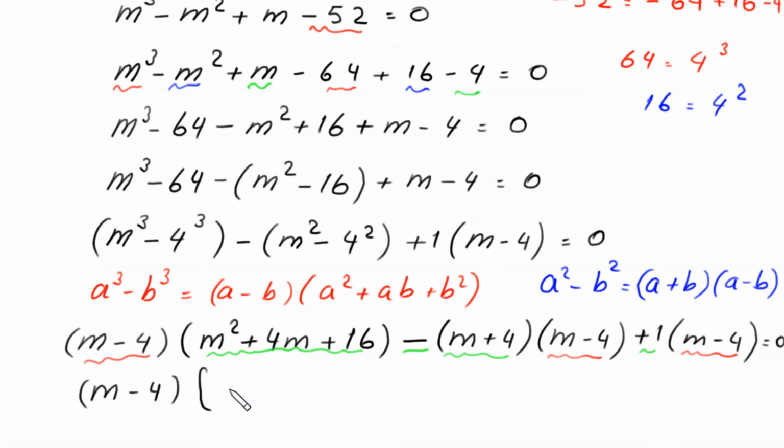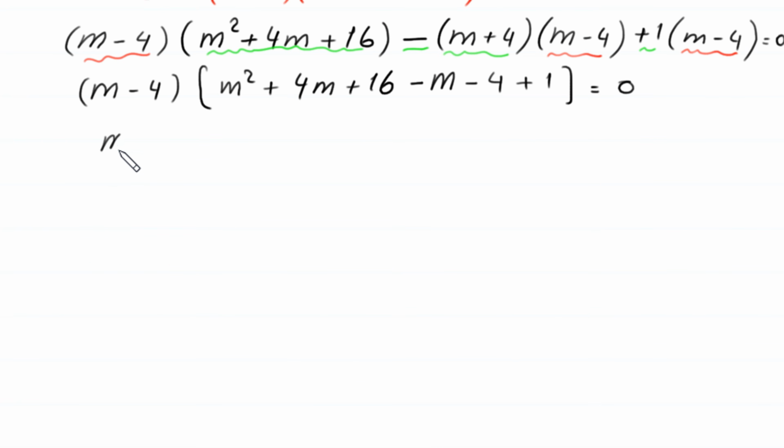In the bracket: m^2 + 4m + 16 - m, and due to this minus, the positive 4 becomes negative 4, plus 1 is equal to 0.